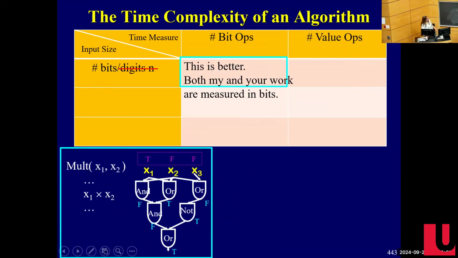And here's a way of thinking about it. It's an AND, OR, NOT circuit where the input is bits. We measure the size of the input in bits, and this could be anything. You could be solving any computational problem you possibly want. And the input really, in the end, comes to us as bits, right?